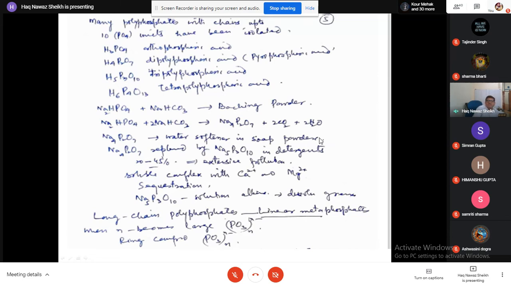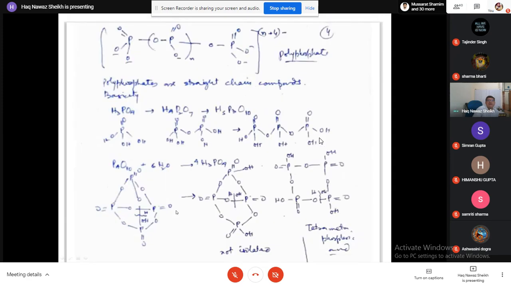For the long chain polyphosphates or linear metaphosphates, where n becomes large, it forms a polyphosphate. When n is very large, more than 10, say 20 or 50, we write the general formula not as PO4 10 times, but as PO3 n times, because the unit then becomes large.